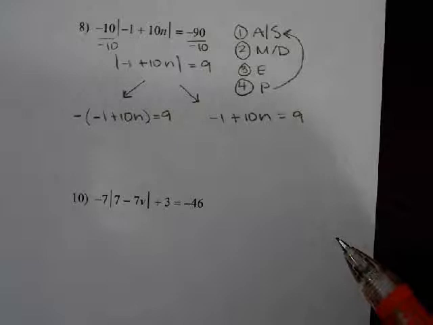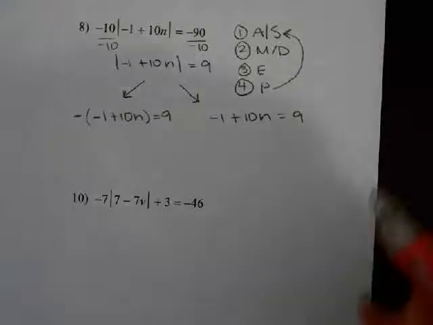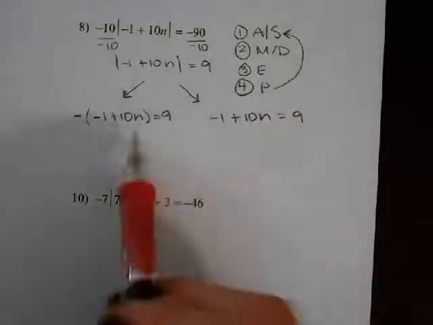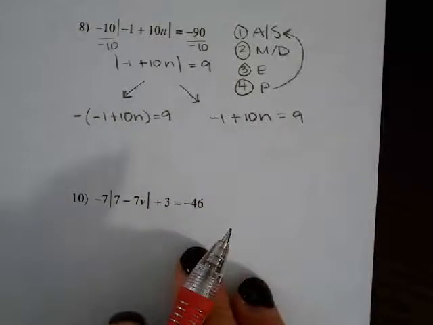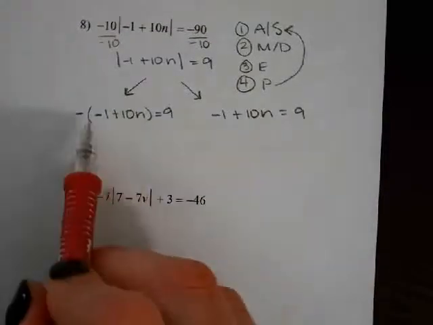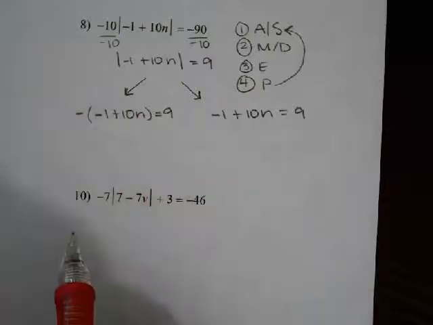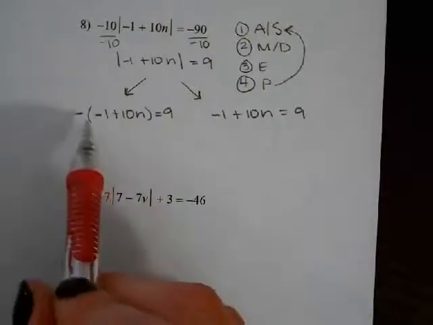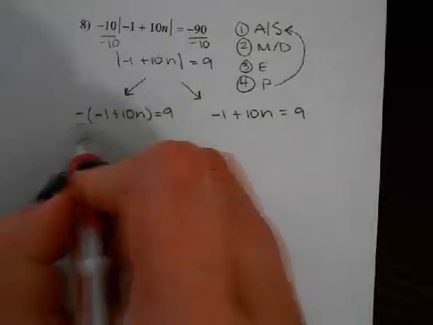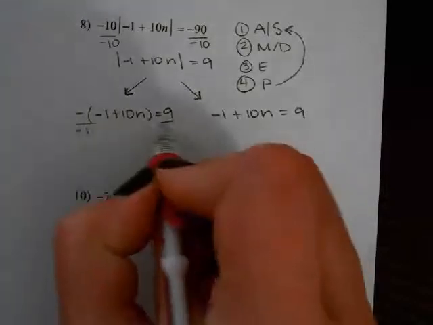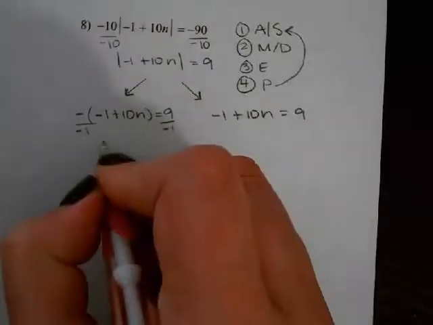All right, which version do you guys want to do first? The negative version? Okay. So the negative version, there's not something that we could add or subtract. We could divide by the -1. Okay.